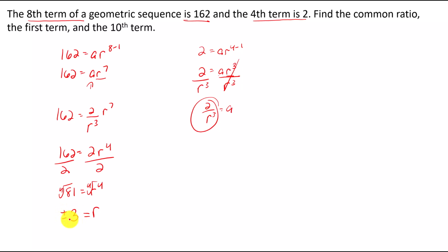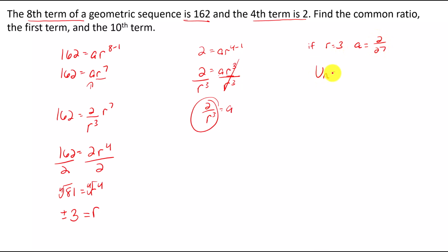Okay, so in this case, we have 2 possibilities again. And in this example, we're not told either way. So if r equals positive 3, a here would be 2 over 3 cubed, because we'd be plugging in this r. So that would give me 2 over 27.